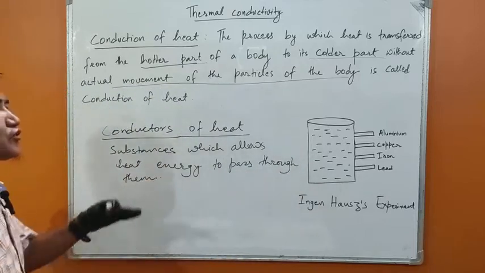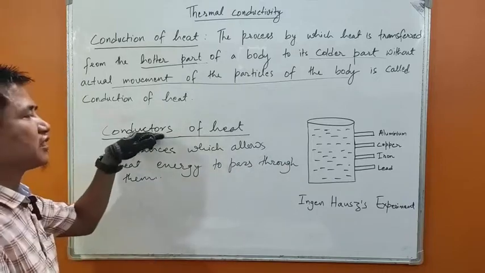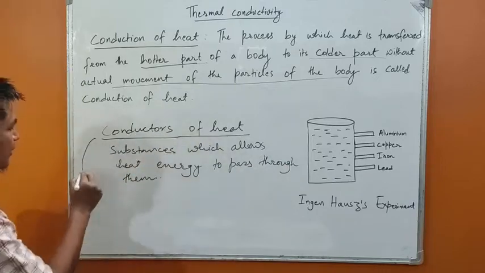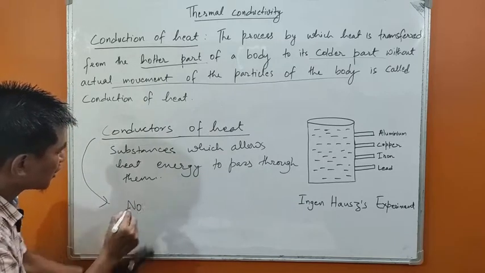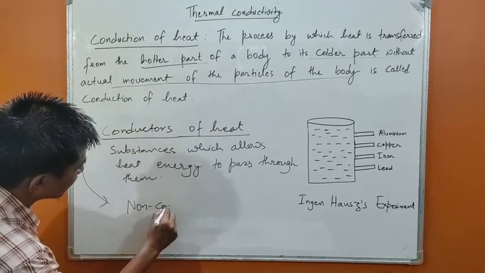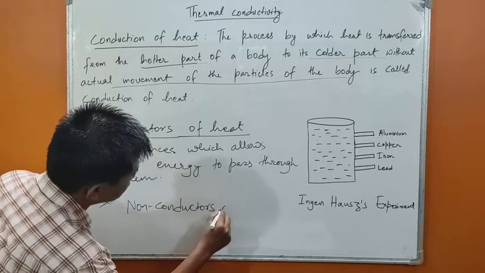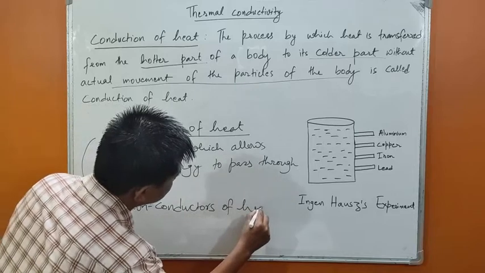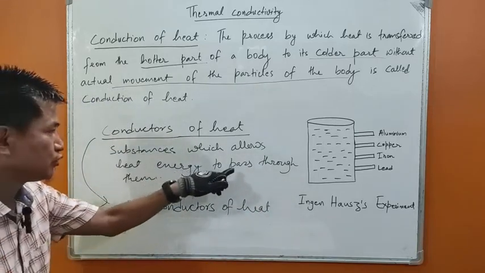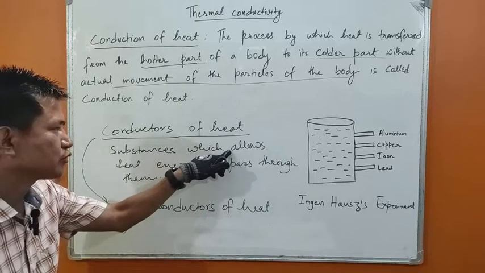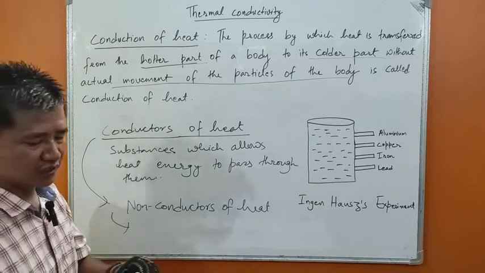The substances which allow heat energy to pass through them are called conductors of heat. And next is non-conductors of heat, isn't it? Non-conductors of heat is very simple. The substances which do not allow heat energy to pass through them are called non-conductors of heat.